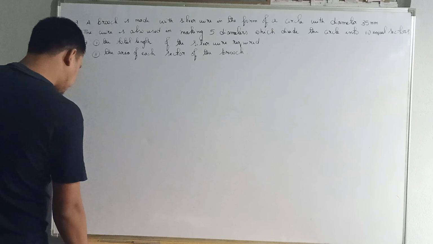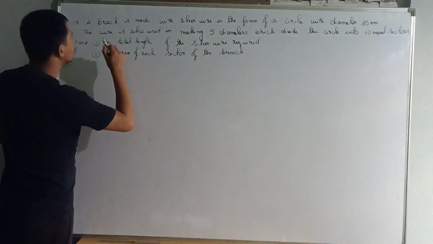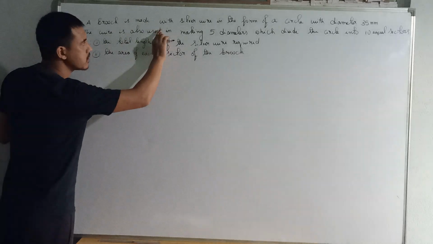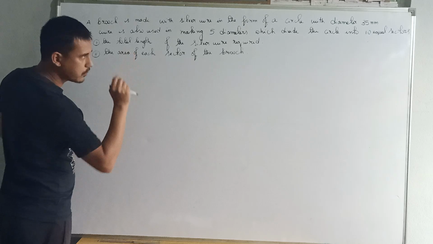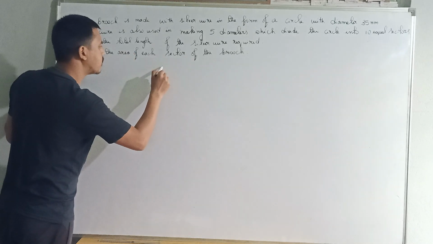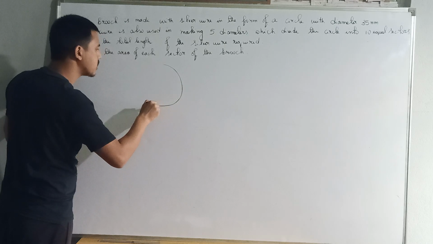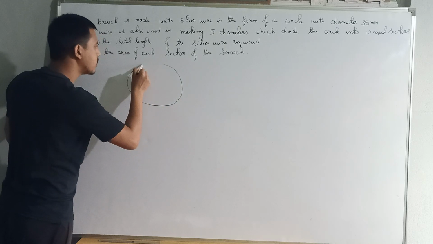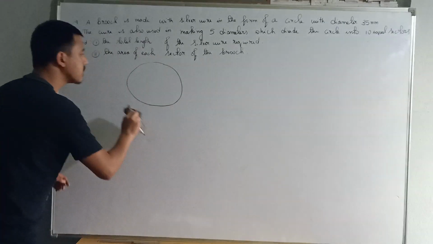So what I'm going to do is draw the figure. The brooch is made with a silver wire in the form of a circle. This does not look like a circle.